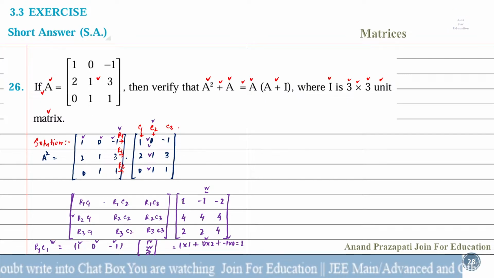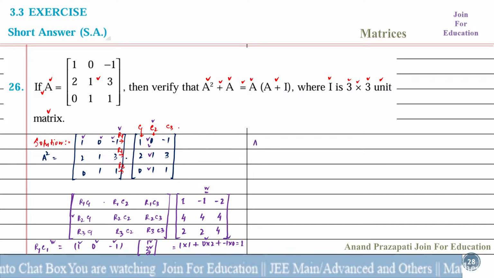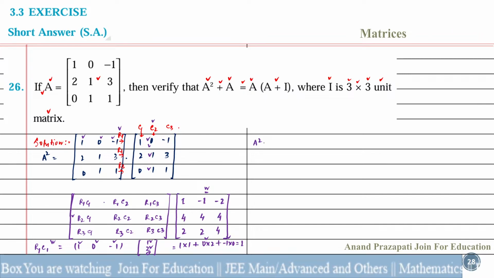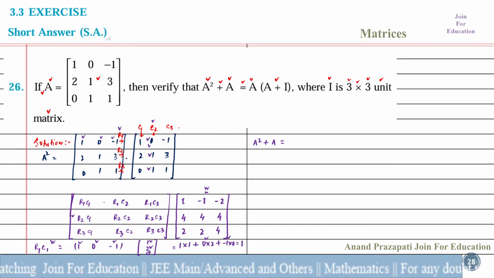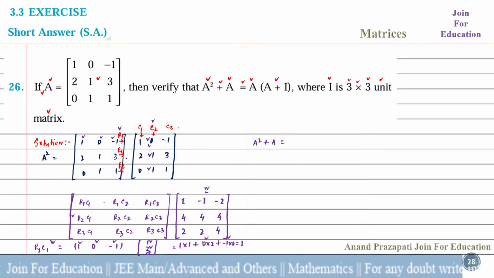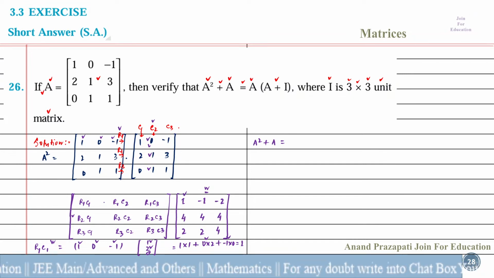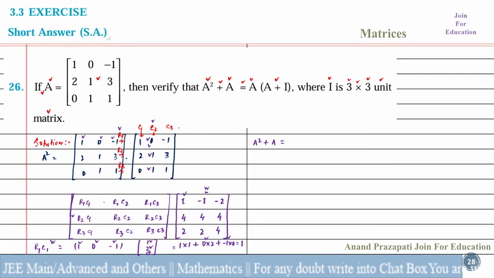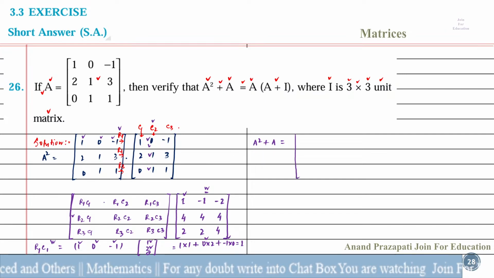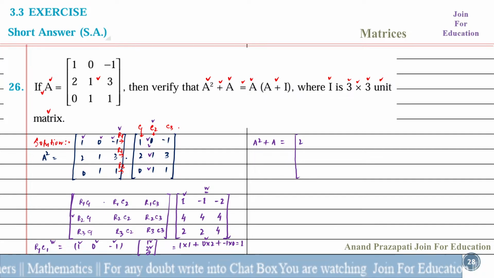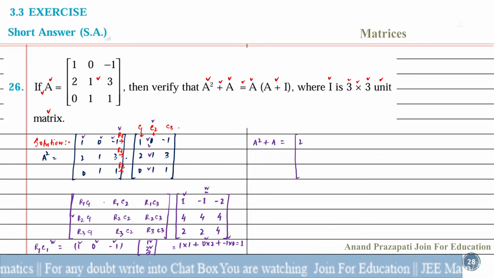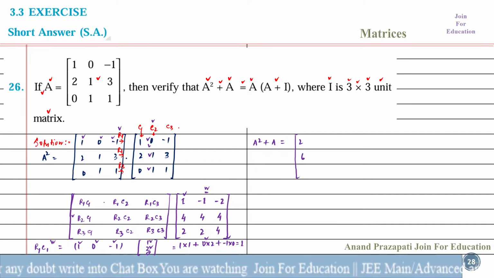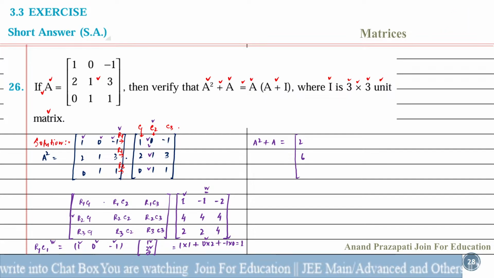So here will be A square plus A. 1 plus 1 equal to 2, so we write down here 2. 2 plus 4 equal to 6. 0 plus 2 equal to 2.